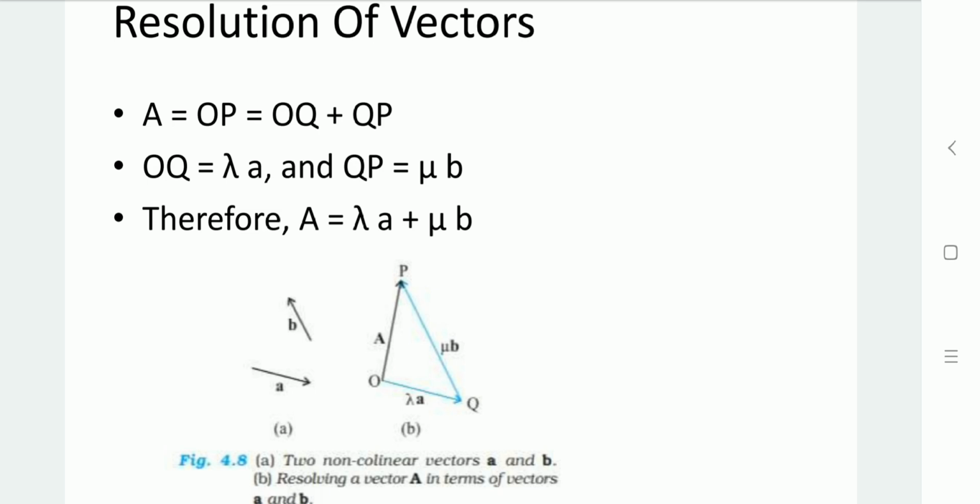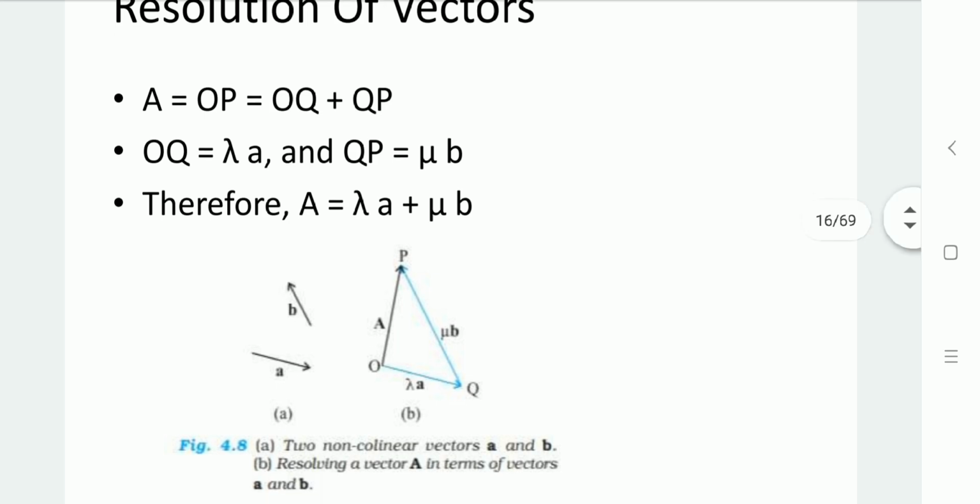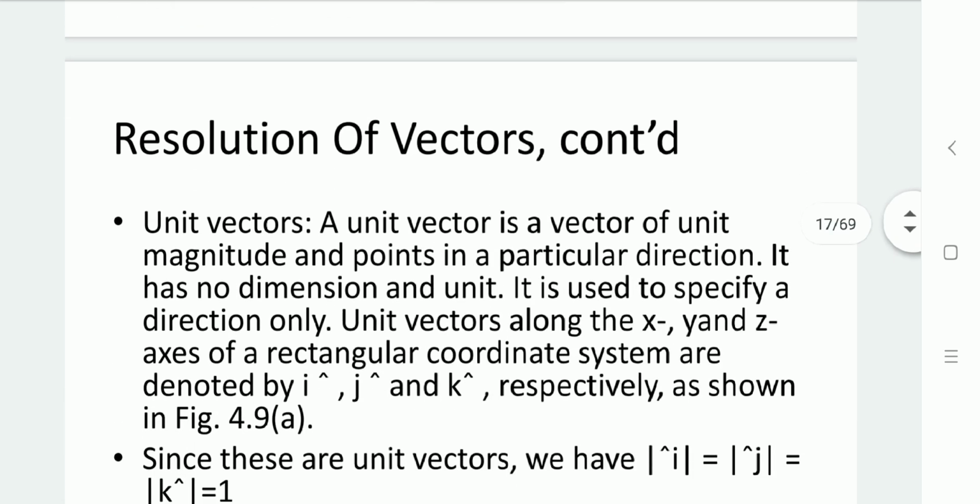So in diagram A, whatever the direction of vector B is, the same direction is QP with a larger magnitude, multiplied by mu. So the resultant vector is defined as capital A, that would be OQ plus QP, which is equal to lambda A plus mu B. This is how its magnitude can be defined.